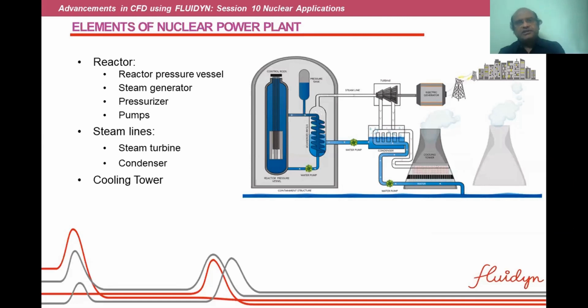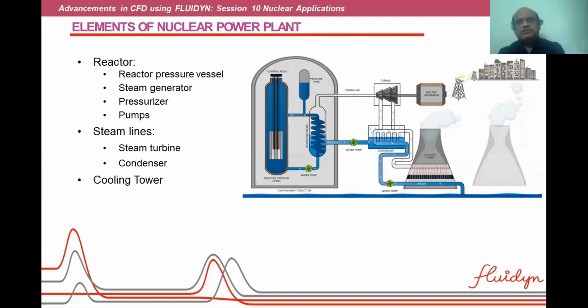This heated water is taken to a steam generator. Normally, the water which receives heat energy from the fuel rods is at very high pressure, so that it doesn't boil, so it remains at very high temperature in the liquid state. But there are a few boiling water reactors also.